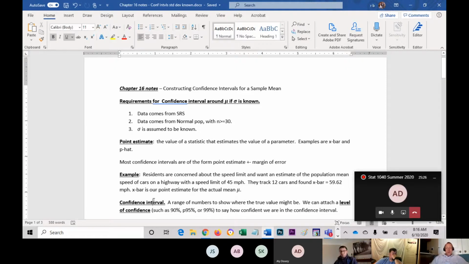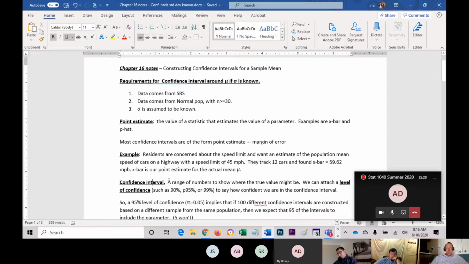Okay, so your confidence interval is usually a range of numbers to show what the true value might be. And so we attach a level of confidence. The common ones are 90, 95, and 99.